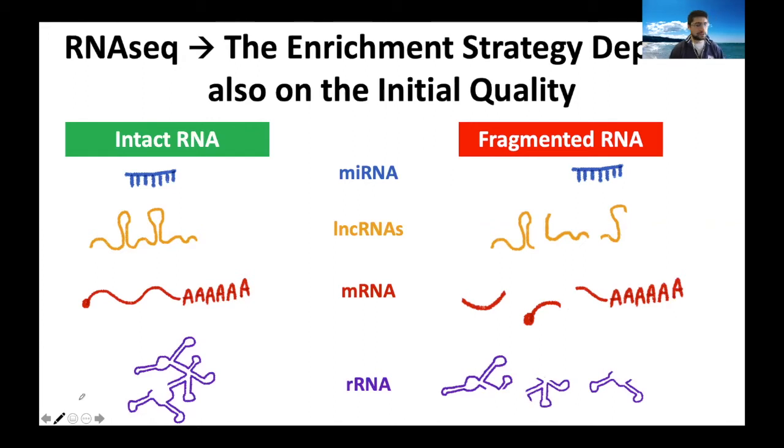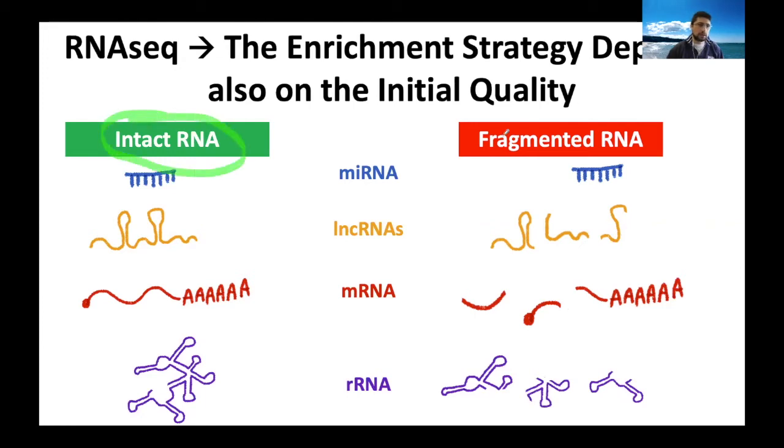In this slide, you can see the difference between intact RNA and fragmented RNA. So we are pretending that we have fragmented RNA after extraction. After extracting your RNA, you have fragmented RNA versus intact RNA. This usually happens if you have cell cultures, where you usually extract fresh RNA, and it's usually this type of RNA that you have.